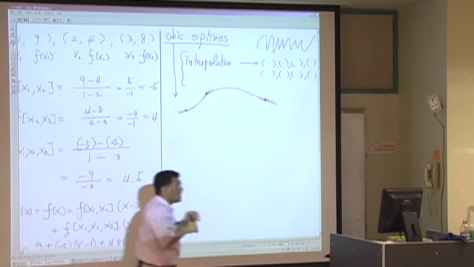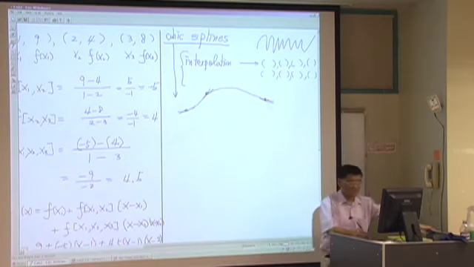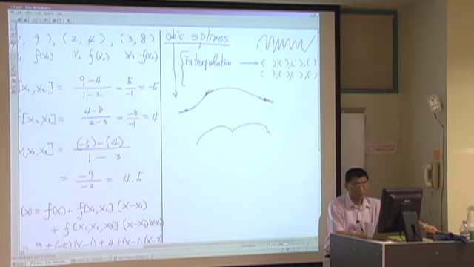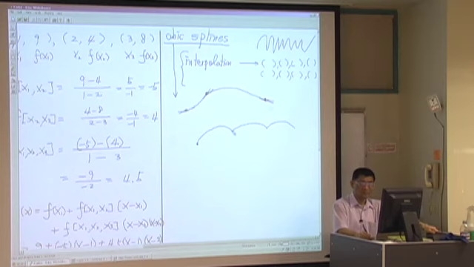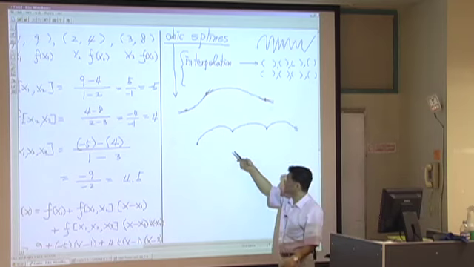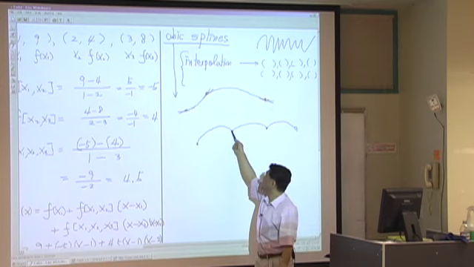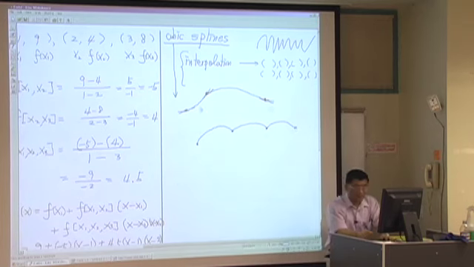If we do not impose this condition, what happens is this. As you can see, my function passed through these points, but here the derivative has a problem.